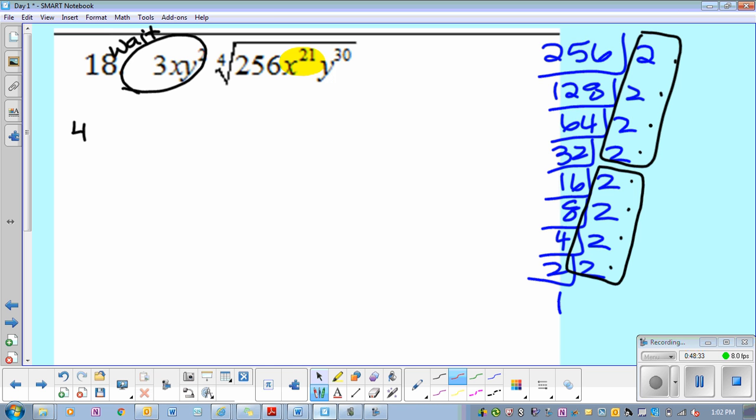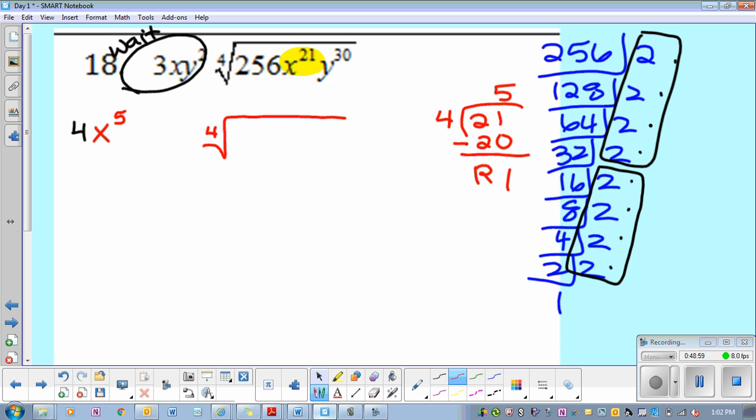I have 21 x's, and I need groups of 4. So think about it.